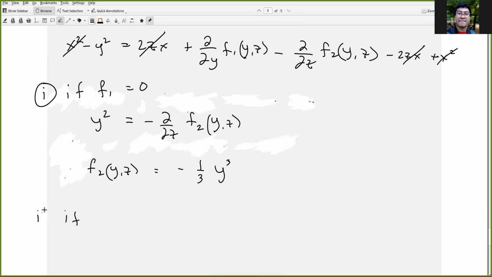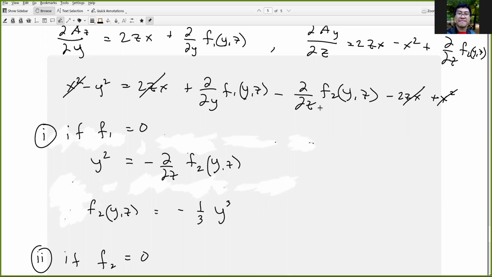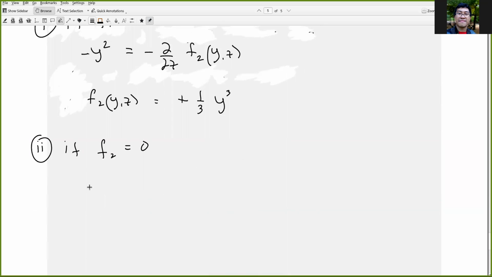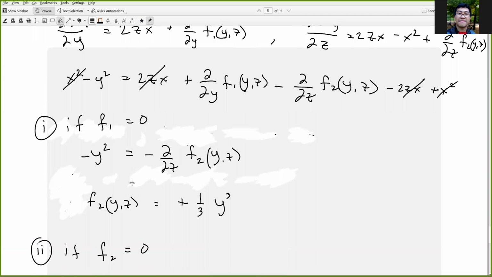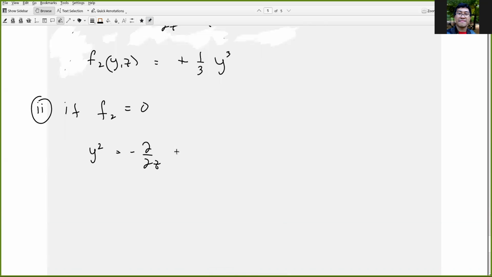Okay, second possibility, if f2 equals 0, then this is 0. You have y squared. Oh, it's even negative here. So I missed a negative. Okay, so this becomes positive. Okay, y squared equals negative partial with respect to z of f2 yz. Okay, and this gives us f2.